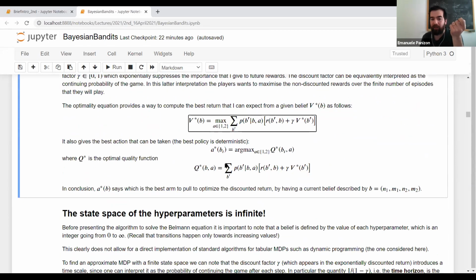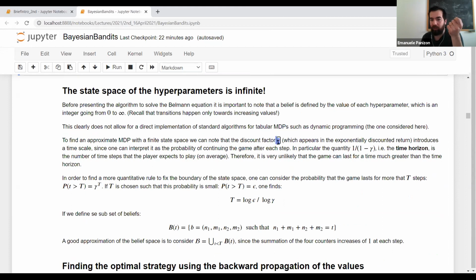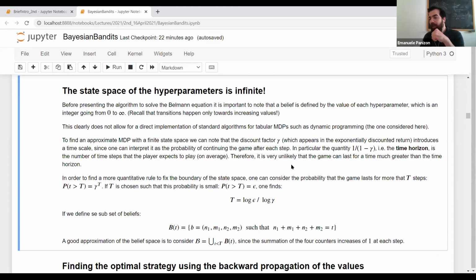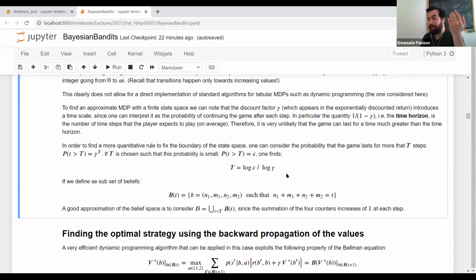If we have a discount factor gamma, then if we are interested in what happens at the origin, the following rewards are always discounted by this gamma. And we are always going in the same direction.